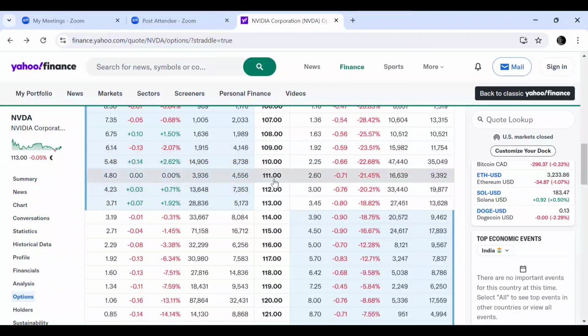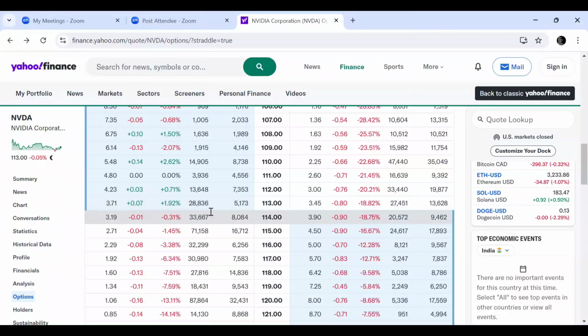And on the other side, there is another person, Sairam, who believes that the Nvidia stock price will rise in the future, and he had purchased 10,000 lots on the call side. So Dhananjay will get money when Nvidia falls because he is a put buyer. And Sairam will earn when the Nvidia stock rises because he is a call buyer.